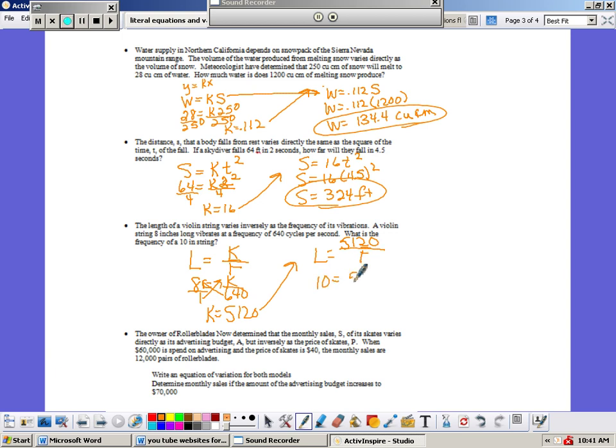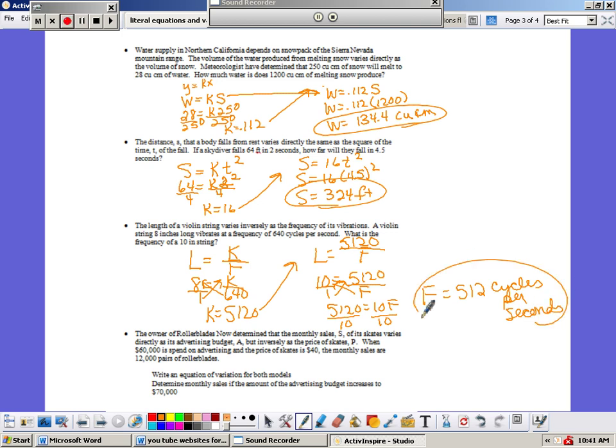So 10 equals 5120 over F. Cross multiply. 5120 equals 10F. Divide by 10. My frequency would be 512 cycles per second. And I got my label from right there.